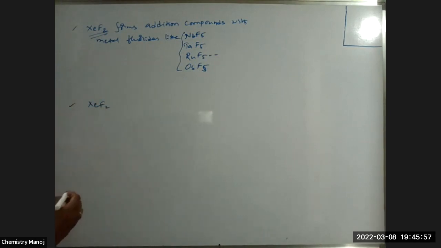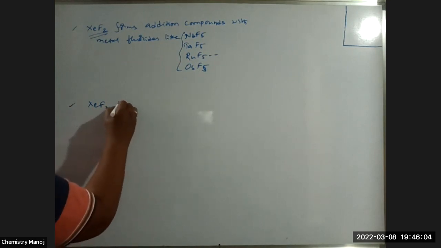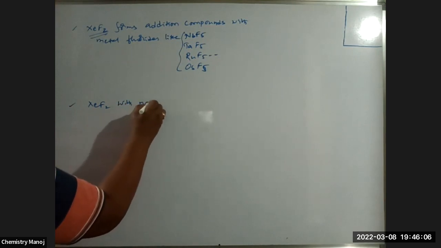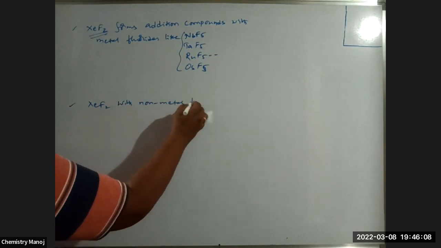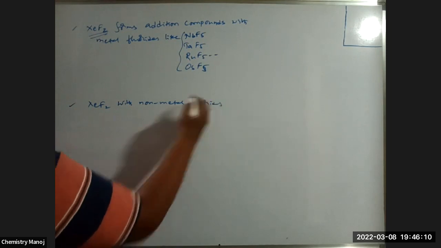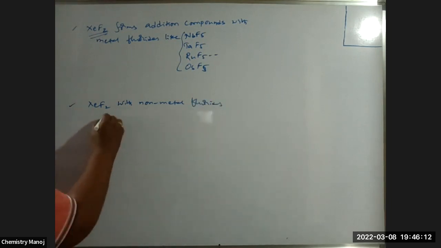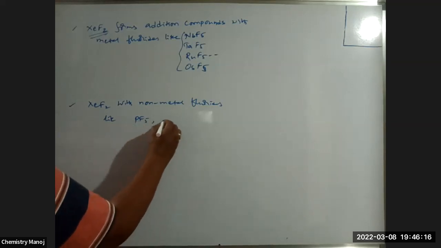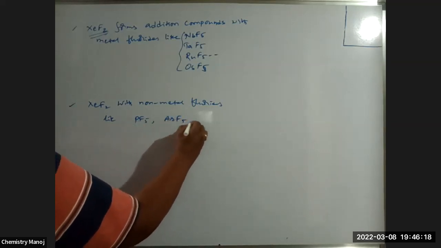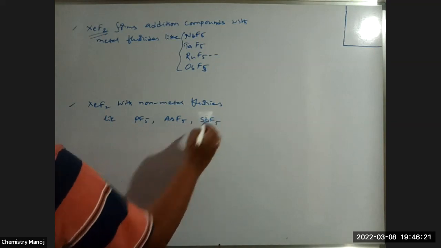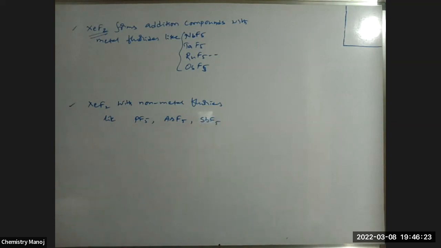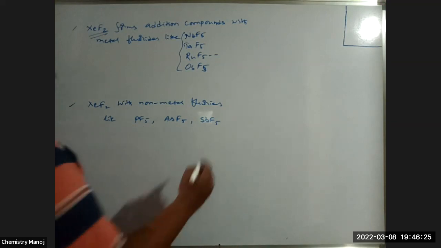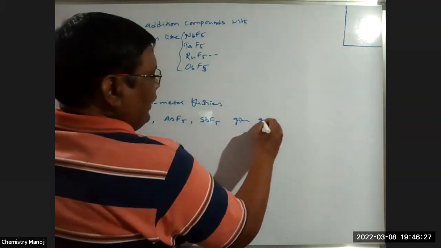Next, XeF2 with non-metal fluorides like PF5, 15th group AsF5, SbF5, also gives addition compounds.